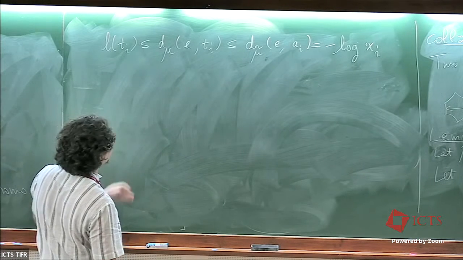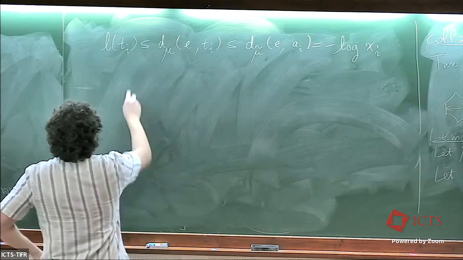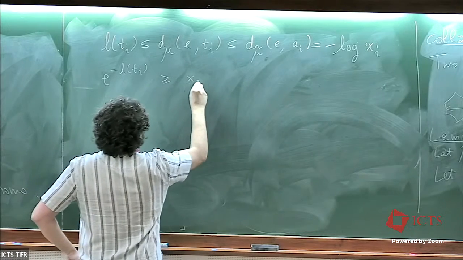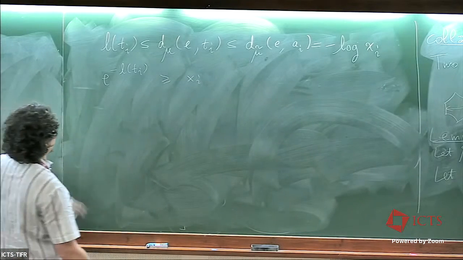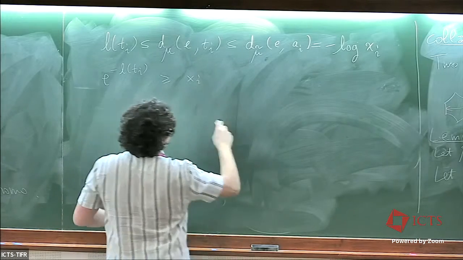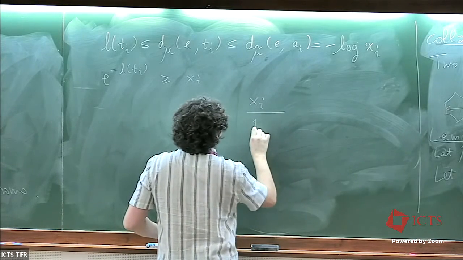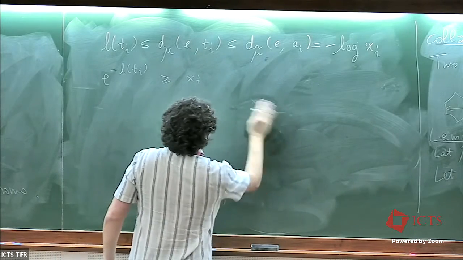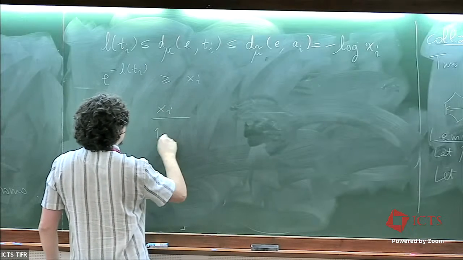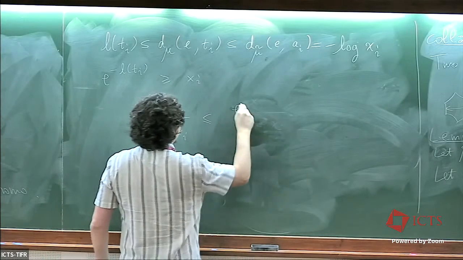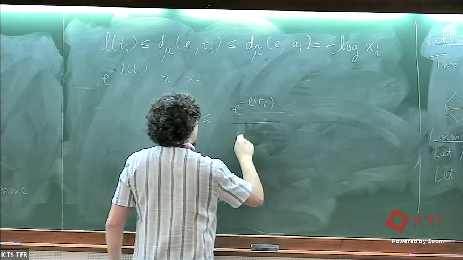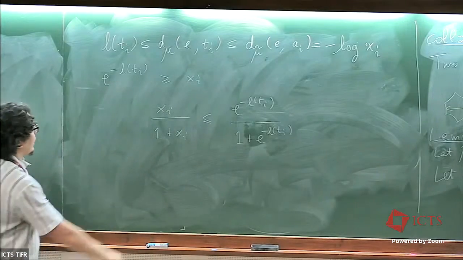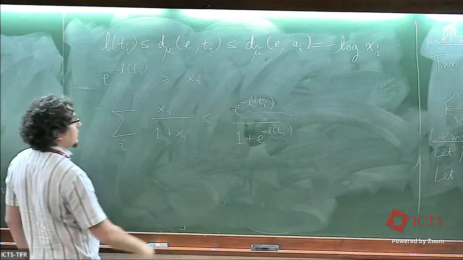So hopefully we can do the calculus. e to the minus L Ti is bigger than xi. So if we look at the function xi over 1 plus xi, maybe let's write it this way: xi over 1 plus xi is less or equal than e to the minus L Ti over 1 plus e to the minus L Ti. Then we sum over all possible i's.